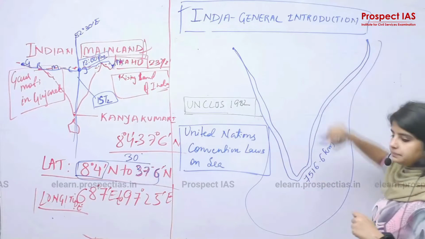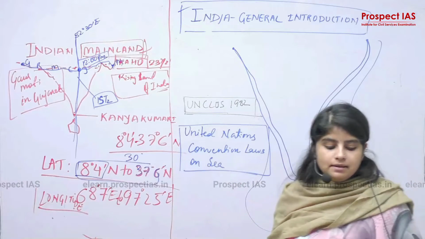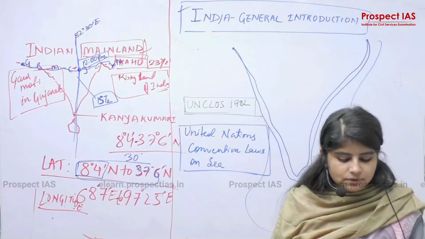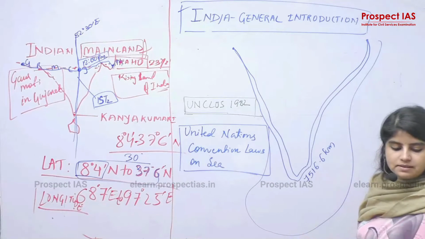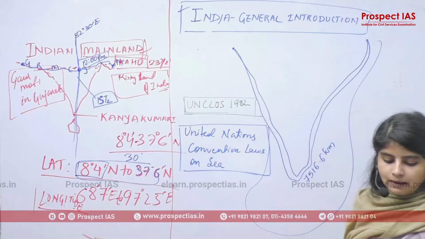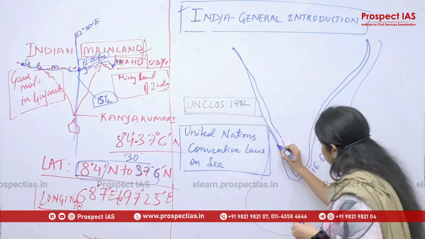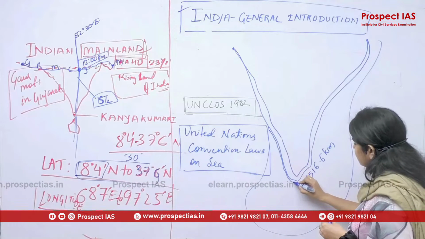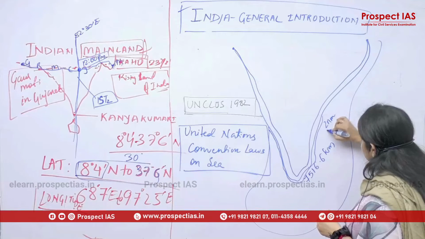There is a basic division of oceanic and sea boundary from where we have to divide our resource utilization. The first division is internal waters, that is your baseline coast, meaning 3 to 4 kilometers, or 2 nautical miles.